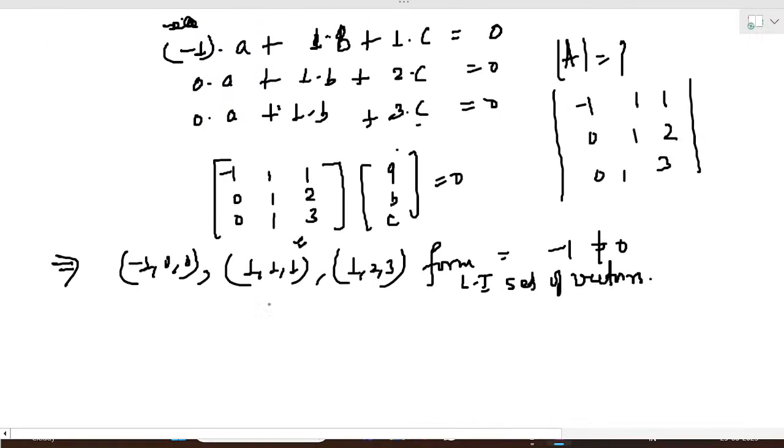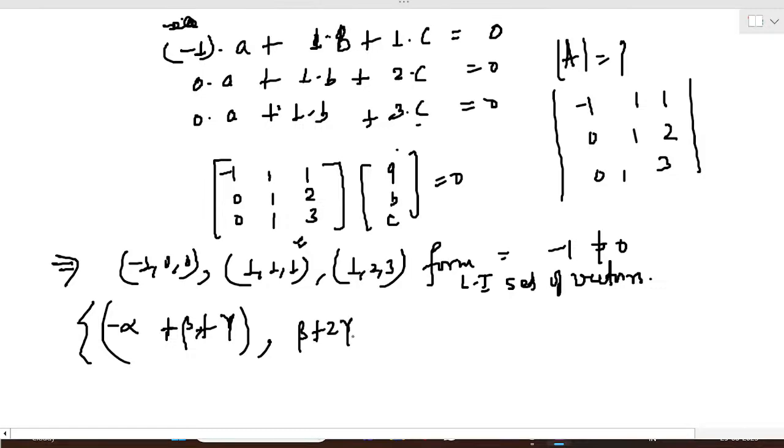And it's quite easy to see that if you write minus alpha plus beta plus gamma, this will be 1, beta plus 2 gamma, and beta plus 3 gamma. Clearly, this will span the entire R cube as well.